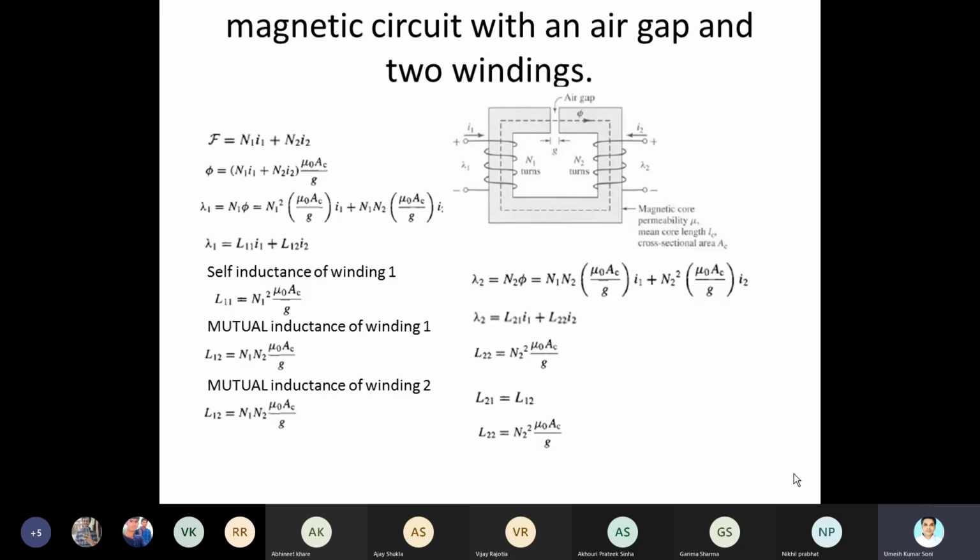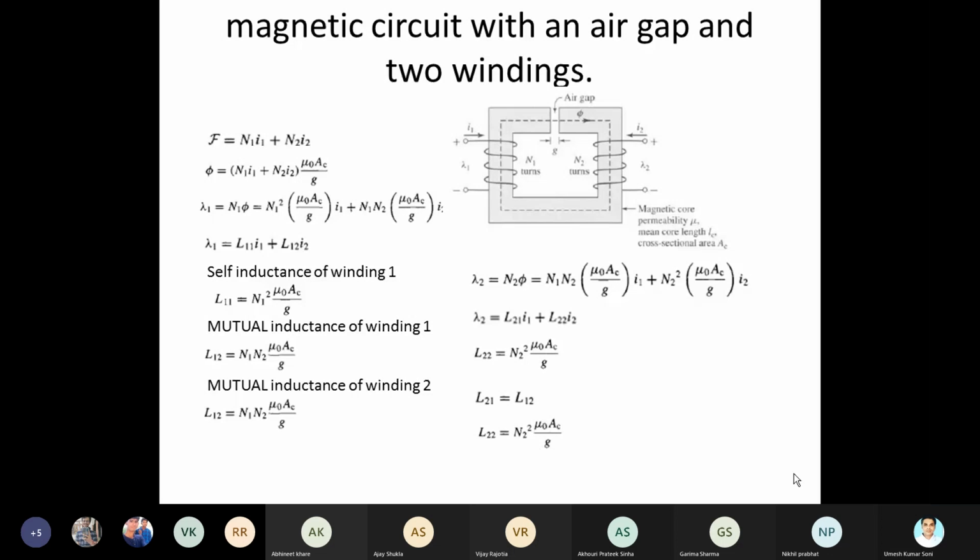Now you see that when you calculate the flux, it is calculated by using the overall reluctance of this path. However, if you have some air gap, some other type of permeability material, so overall reluctance will be affected by all these materials.